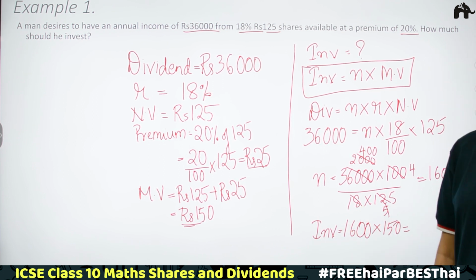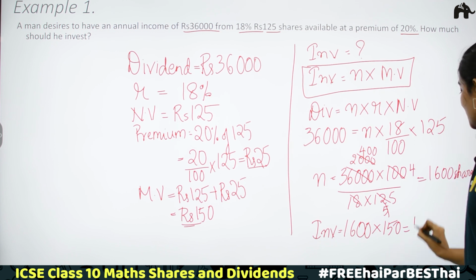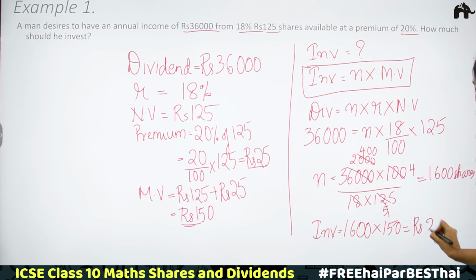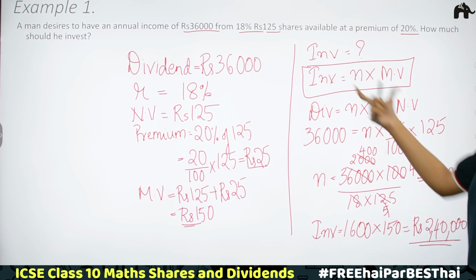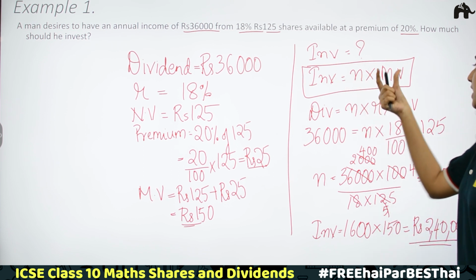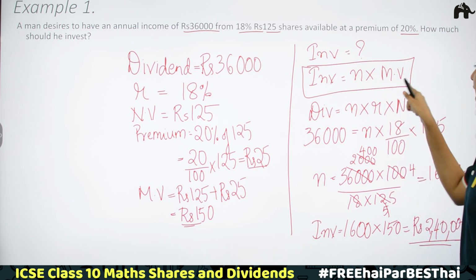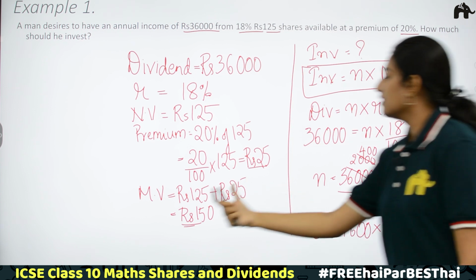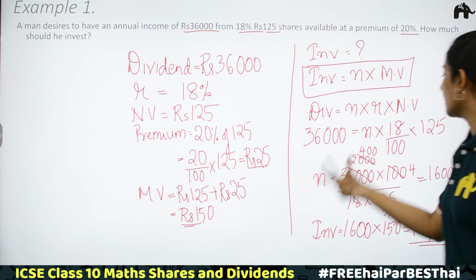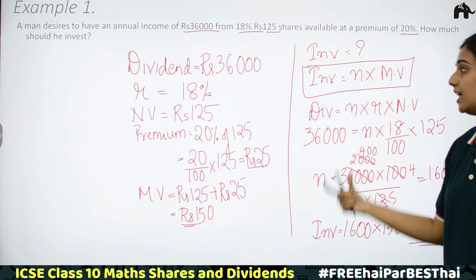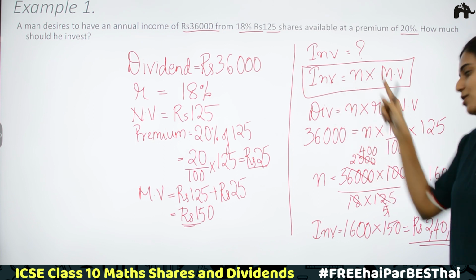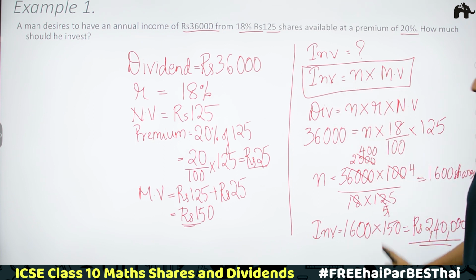Just by multiplying you will be getting rupees 2,40,000. Got it? First, remember the formula. To find investment, we need the number of shares and the market value of one share. We found the market value of one share and the number of shares separately and substituted in this equation to get the investment. Final answer is 2,40,000 rupees.